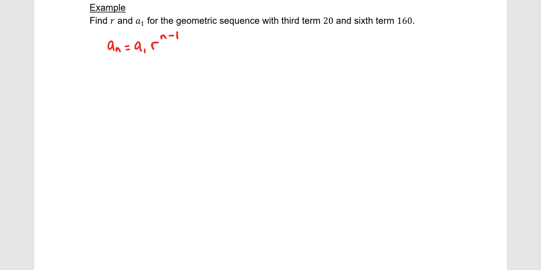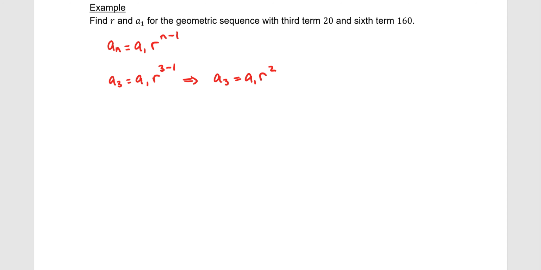Let's say we have the third term. The third term, a sub 3, equals a sub 1 times r to the 3 minus 1. That means a sub 3 equals a sub 1 times r squared.